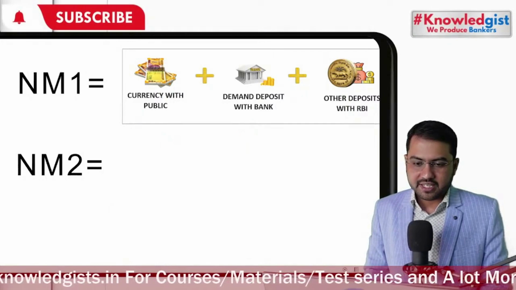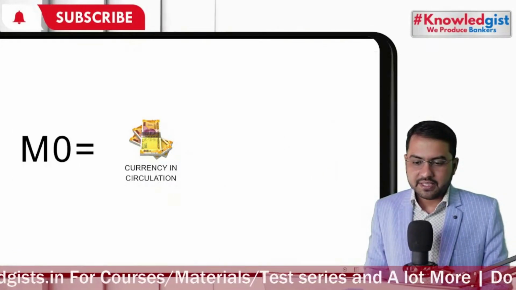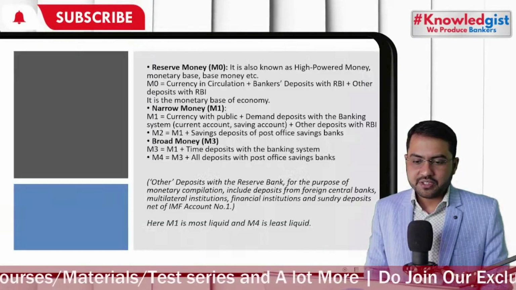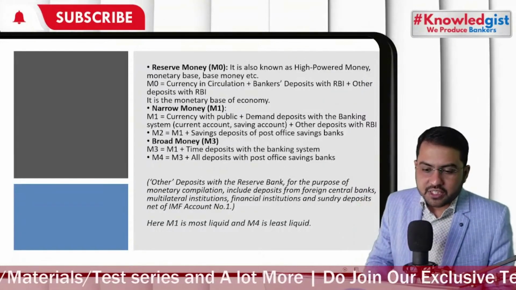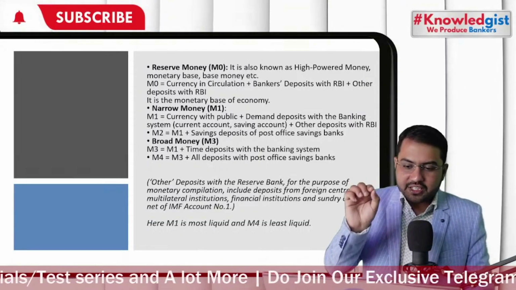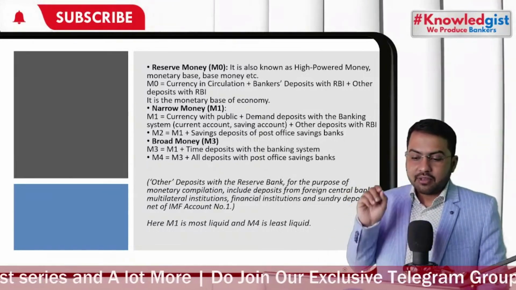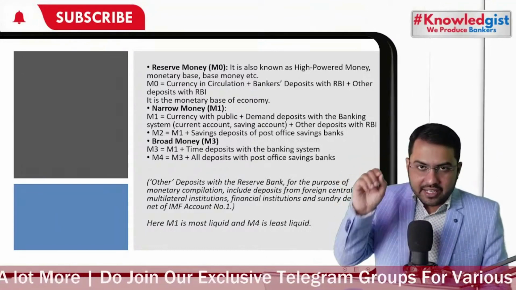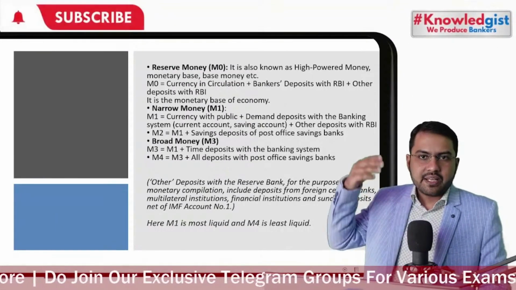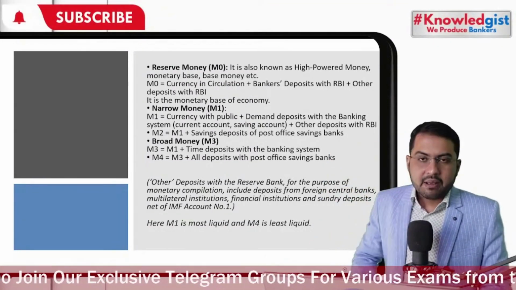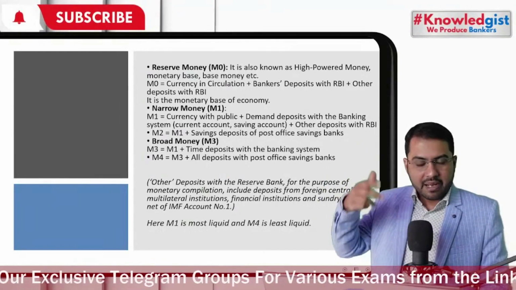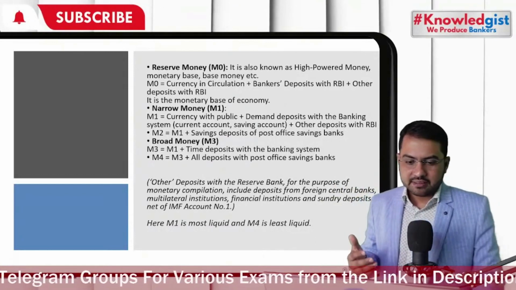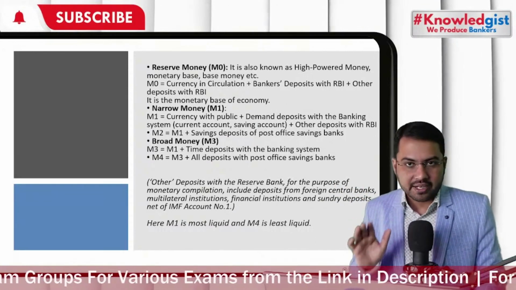I will take you to that slide in a minute. All that will be on your screens. Just a second. Other deposit with Reserve Bank of India is the deposits from other foreign central banks, multilateral institutions like ADB, IMF, etc., financial institutions from abroad, or any sundry deposit from any other source, that is net of IMF account number one.